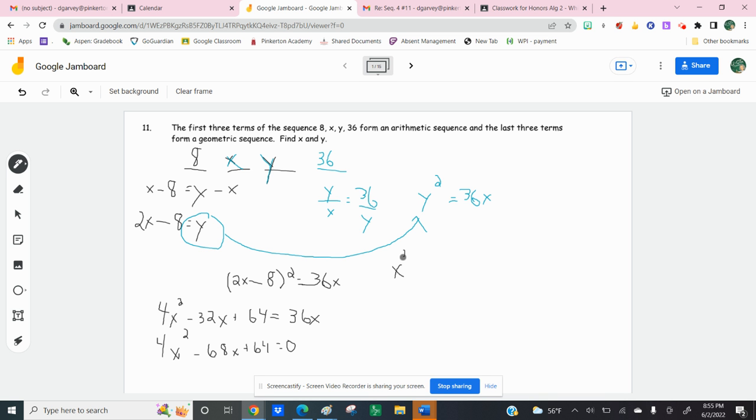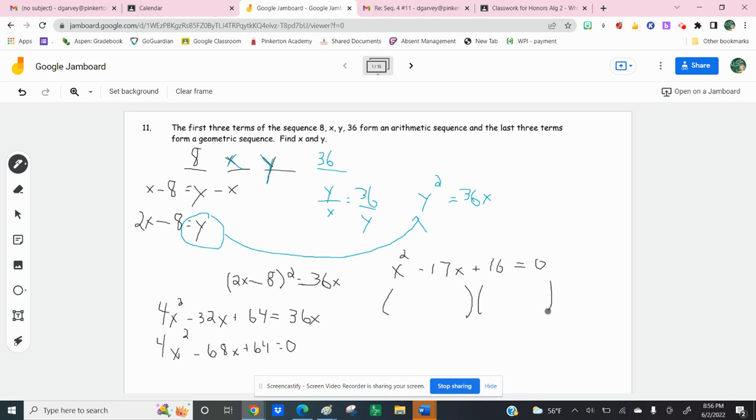So I'll have x squared minus, 4 goes into that once with 2 left over, so 17x plus, 4 goes into 6 once with 2 left over, 4 goes into 24 6 times. And now it's much easier to factor.